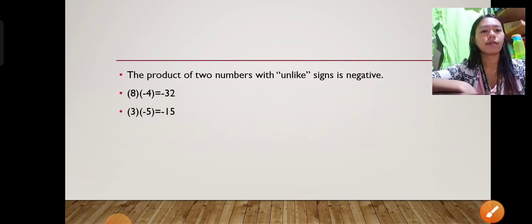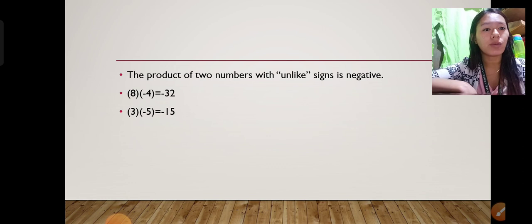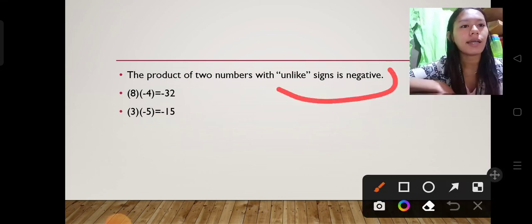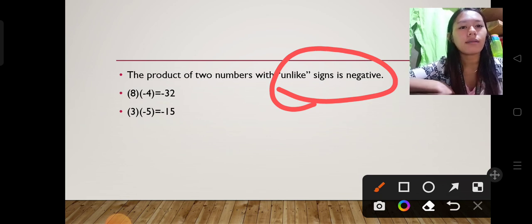next is the product of two numbers with unlike signs is negative. It was already discussed. Okay, this is what I said earlier: unlike signs is negative. So, example number 1 is 8 times negative 4 is equal to negative 32. So, 8 times 4 is equal to 32.